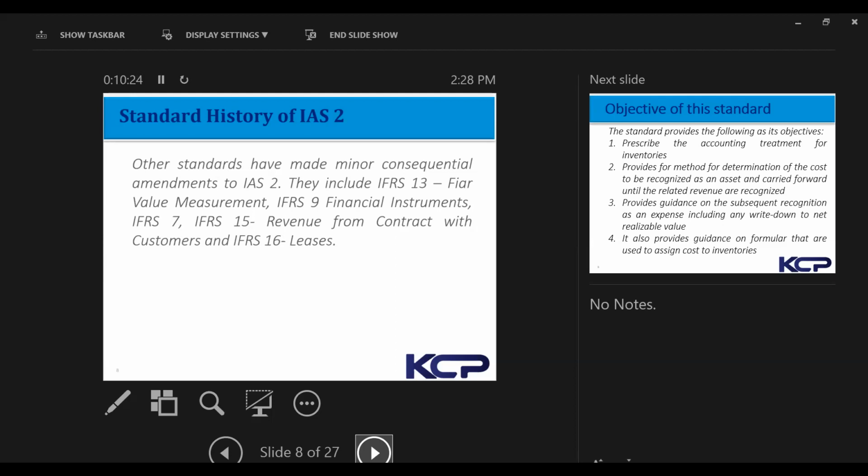Until this particular portion or all of the inventories were sold, you cannot recognize the proportionate portion of what has been sold, which you have reported its revenue with its related expenses.